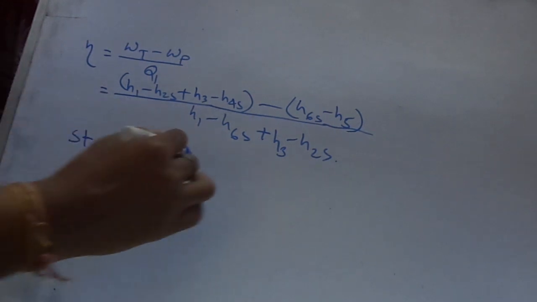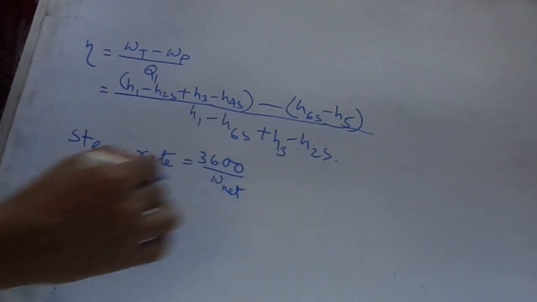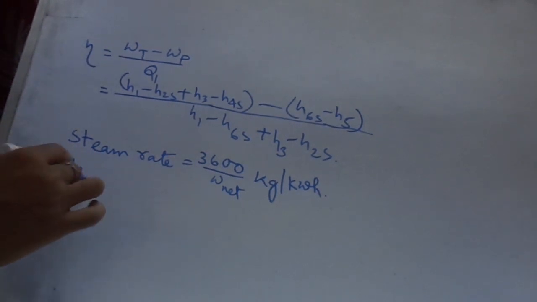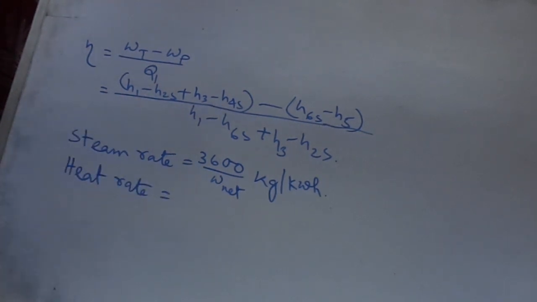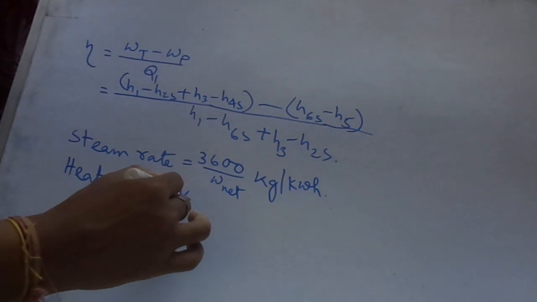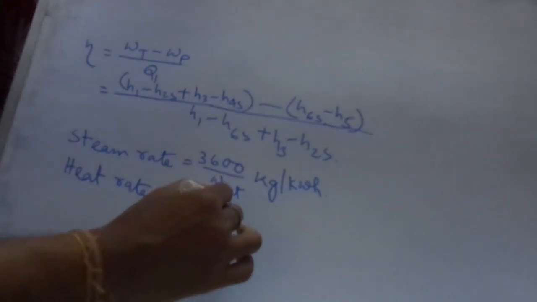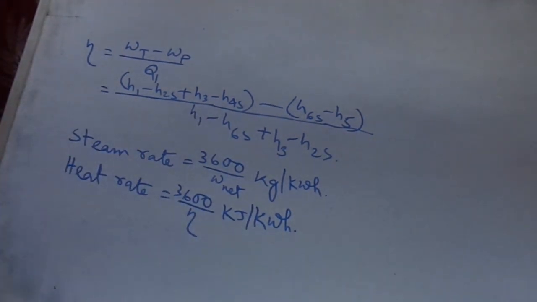Heat rate is equal to 3600 by eta, in kilojoule per kilowatt hour. Okay, that is the heat rate.